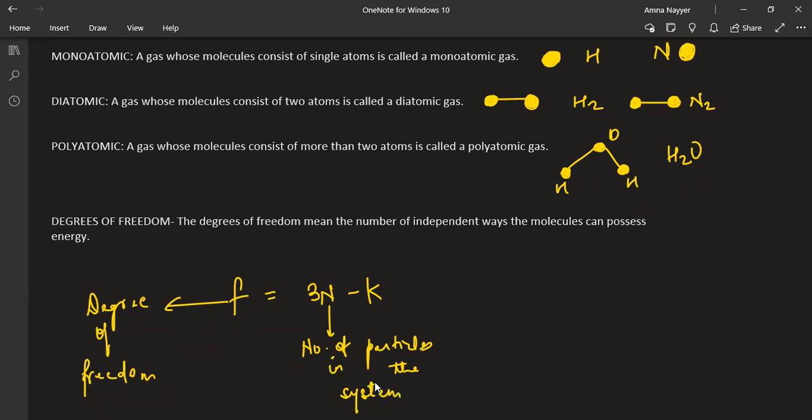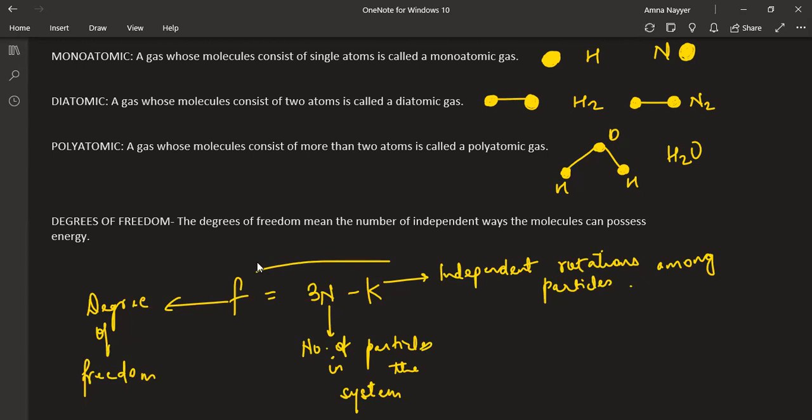And k is the independent rotations among particles. So this is the formula for degrees of freedom. This is also used whenever required.